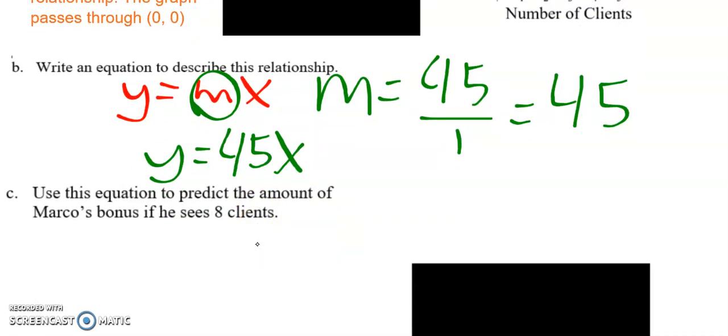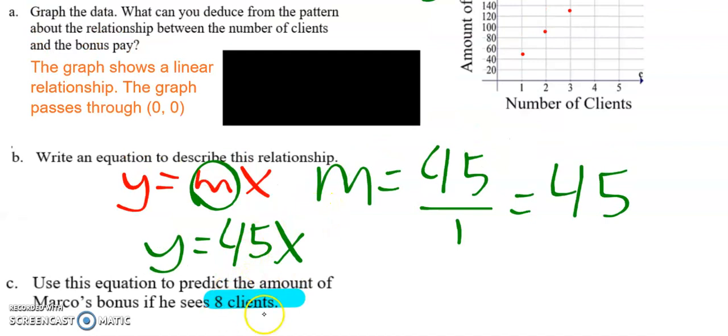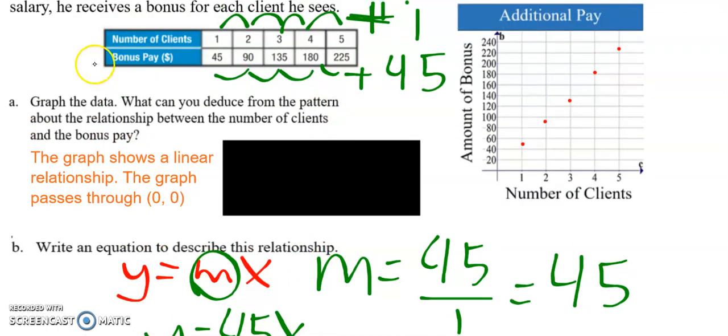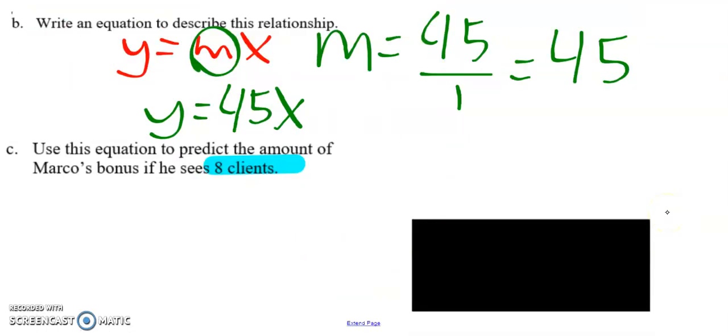Now, use this equation to predict the amount of Marcos's bonus if he sees 8 clients. So if he sees 8 clients, how much will his bonus be? Well, let's go back up and figure out which variable the clients will be. Number of clients was our x variable. We see number of clients here on the x-axis, so that's our x. So we're going to say x equals 8.